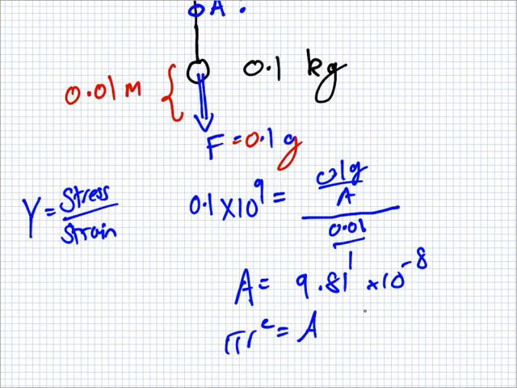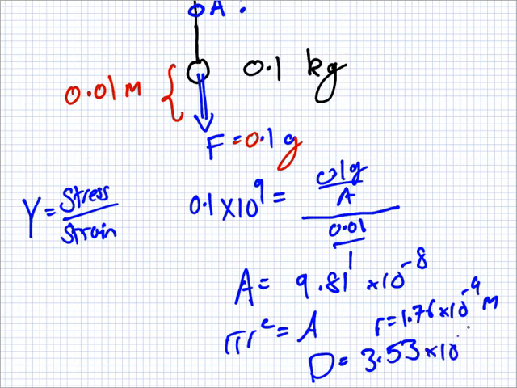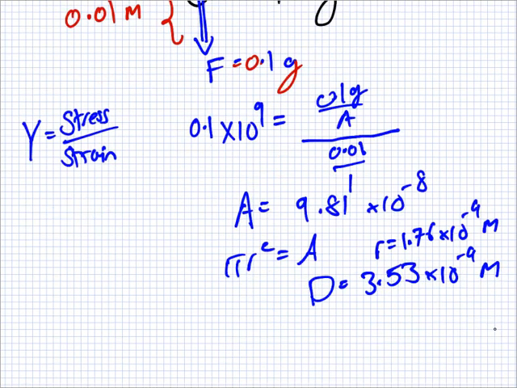So then the radius is 1.76 times 10 to the minus 4 meters. So the diameter is 3.53 times 10 to the minus 4 meters. And that's the answer. Let's make it millimeters: 0.353 millimeters is what I got.